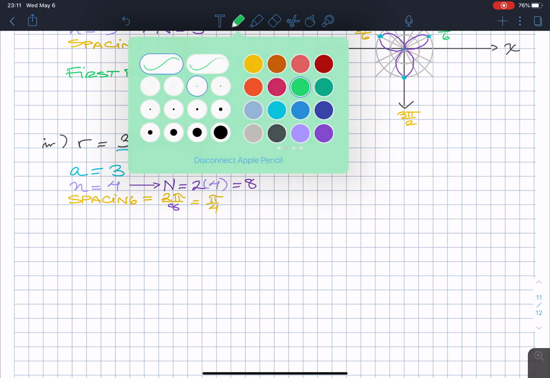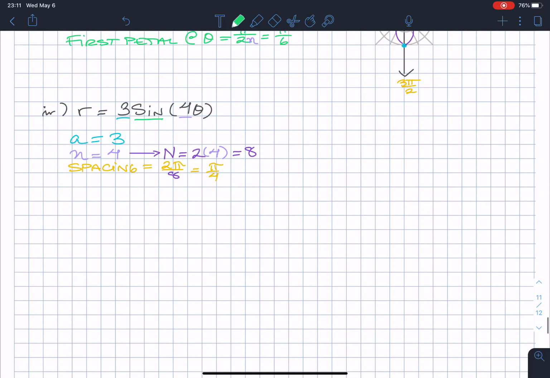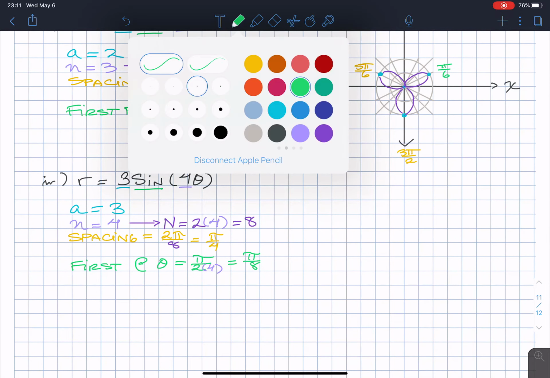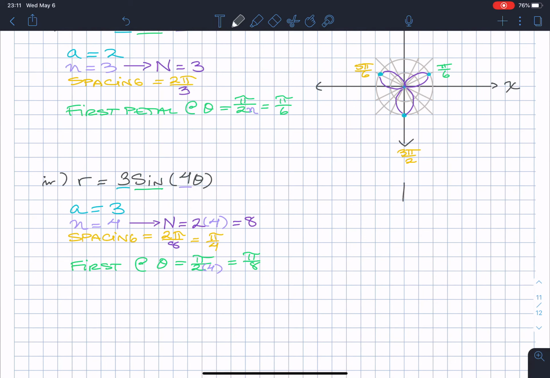And because this is sine, I know my first petal will be along theta equals pi over twice n, where n in this case was 4. Little n, right? So pi over 8. So pi over 8, that's half of pi over 4, so that's 22.5 degrees. So this will be interesting. So let's go ahead and do x and y coordinate axes.